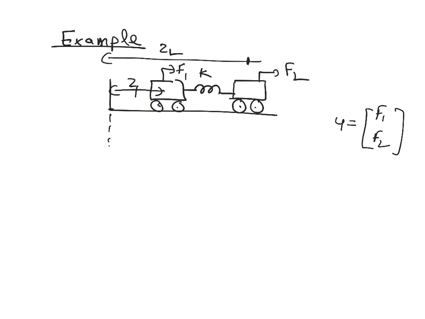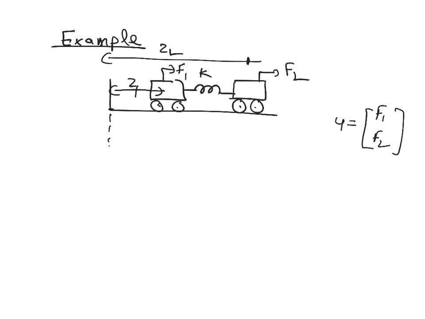Z1 and Z2 are two degrees of freedom, because they can move independently of each other. If I choose my generalized coordinates, it will be Z1 and Z2. I want to find a relationship between Z1, Z2 and these forces. So it's a multi-input, multi-output problem: there are two inputs, and there are two states.